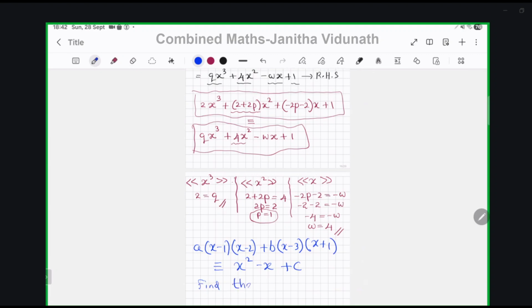Find the values of a, b, and c. This is the final question for the day.